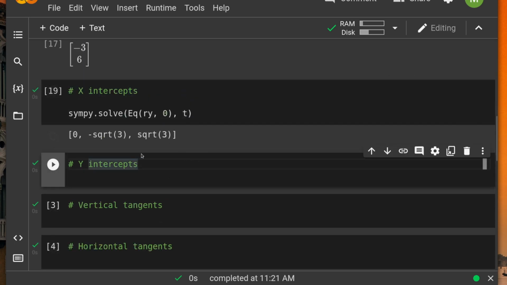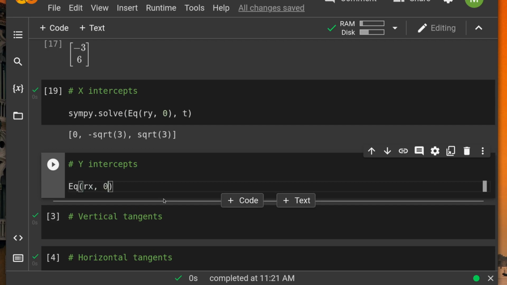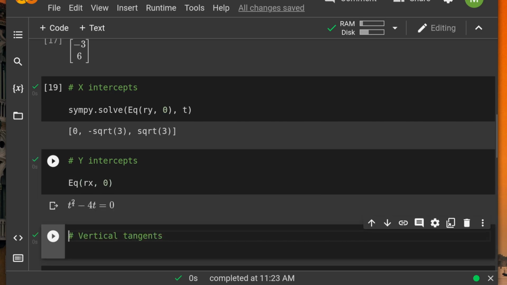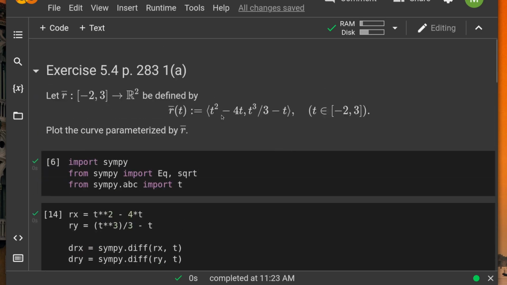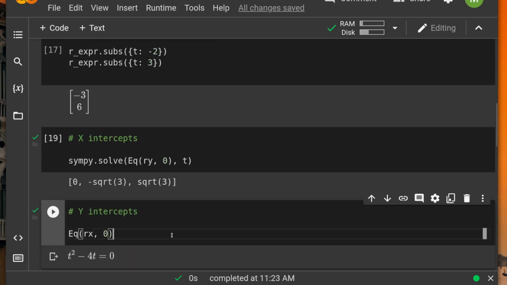Okay, so let's move on to our y-intercepts. Y-intercepts are where the x-coordinate is equal to 0. So we want to solve the equation where our x-coordinate is equal to 0. That gives us our y-intercept. So let us solve this equation for t using SymPy.solve.